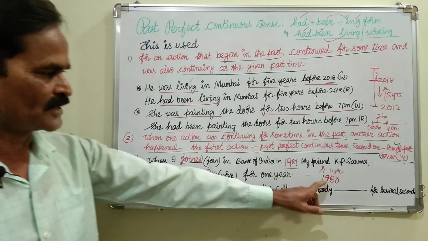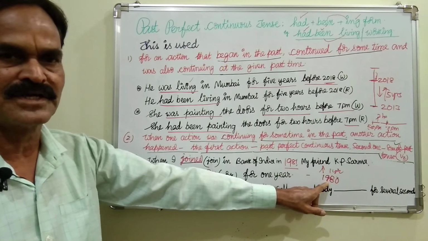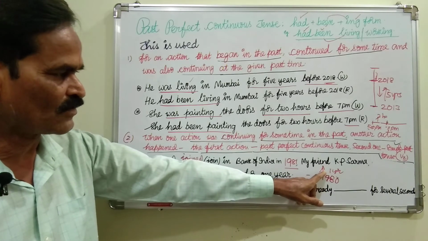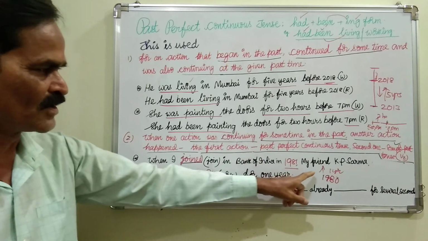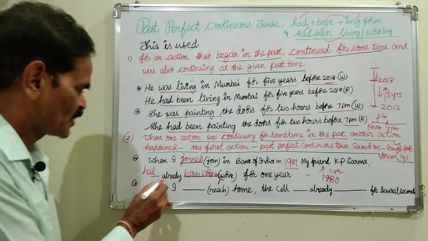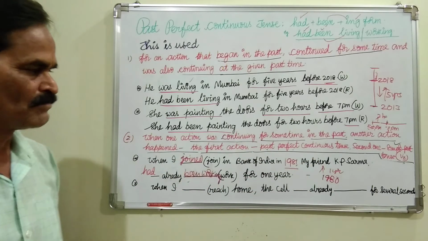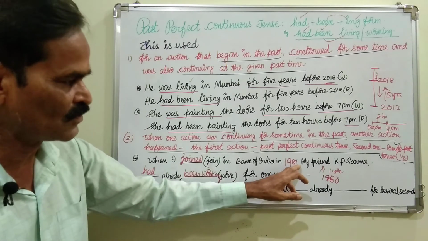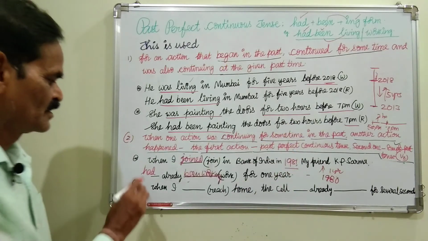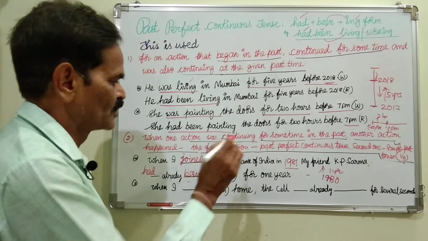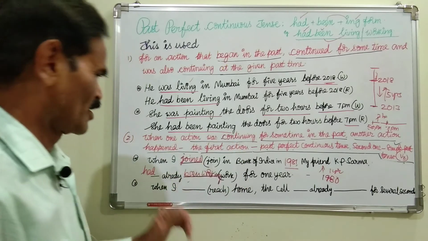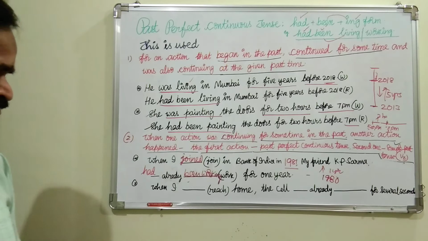Okay, so his action began in 1980 and continued for 1 year. At that time I joined. Okay, so this action must be had plus V3, but at that time in 1981 also he was working. That's why had already been working we have to use. We cannot use was working.